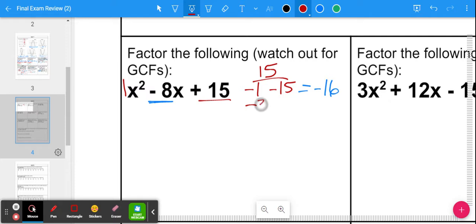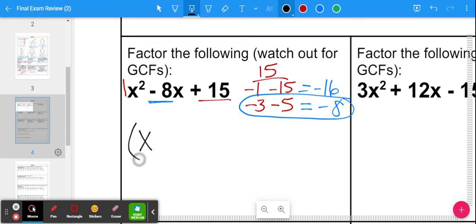So then we have negative 3 times negative 5 gives us positive 15, and the sum of negative 3 and negative 5 is negative 8. There's our b value. So because a is 1, we can simply set up our two binomials. So the factors are negative 3 and negative 5.